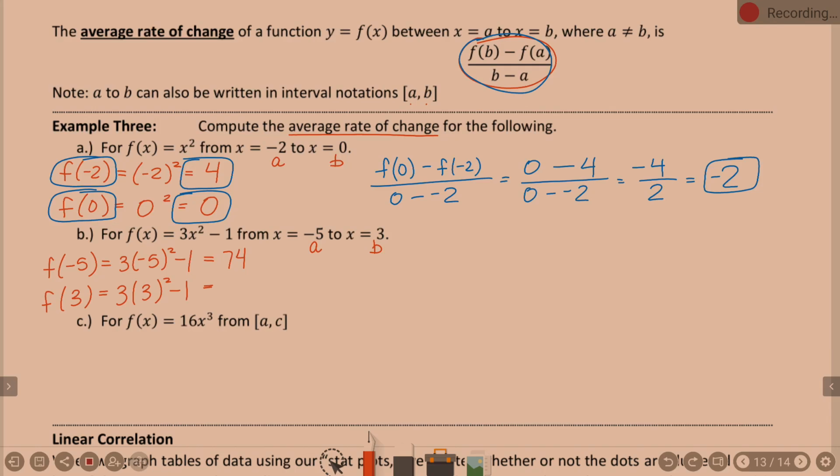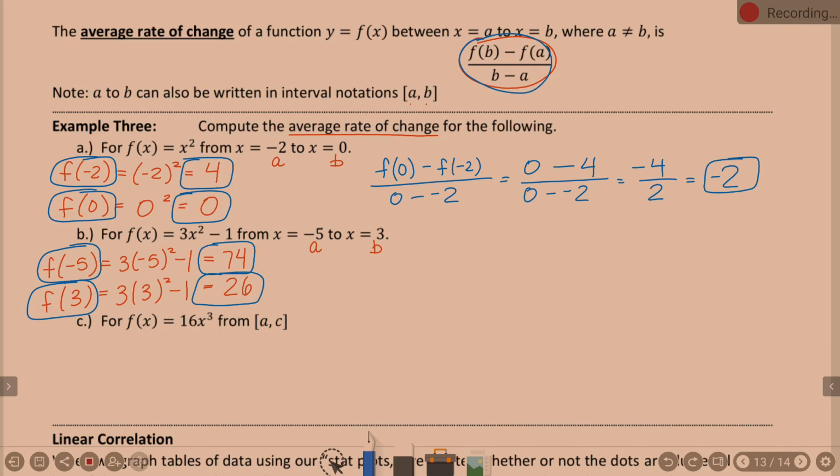What is it? 26, because you would end up doing 3 times 9, which is 27, and minus 1. So we just found f of negative 5 to be 74, and f of 3 to be 26.